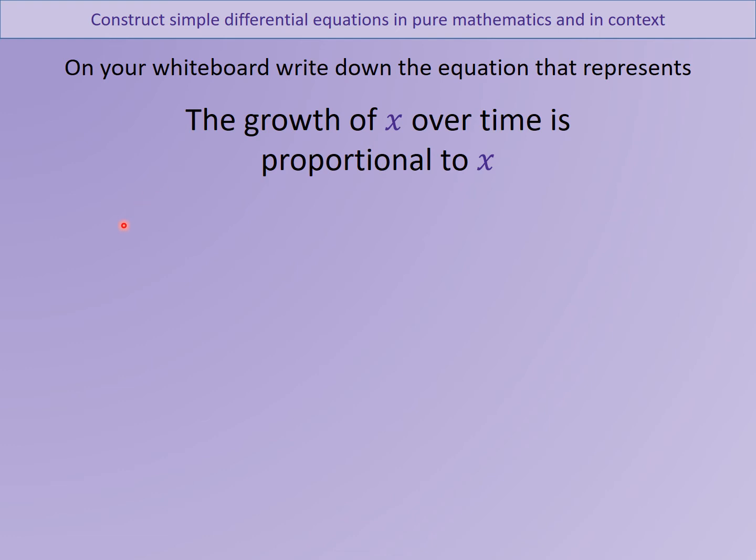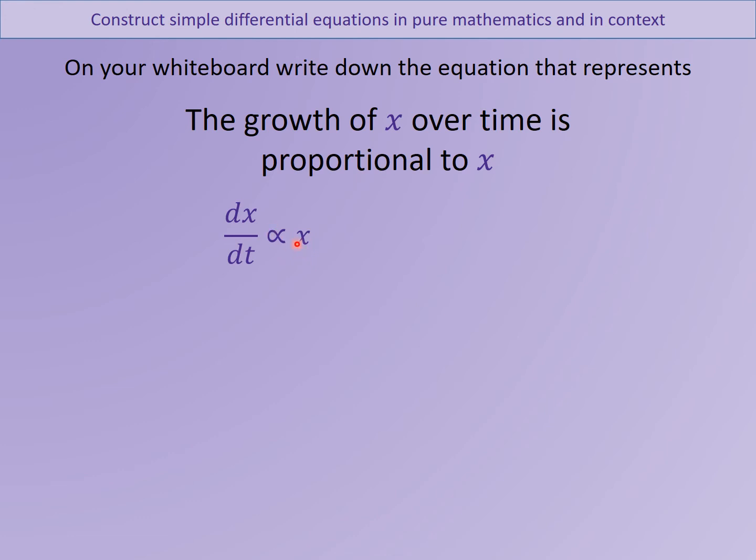I write that as dy over dx. So if I'm looking at change in x over the change in time, I'm thinking dx over dt. And I know that's proportional to x itself.